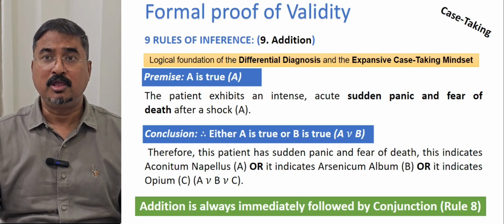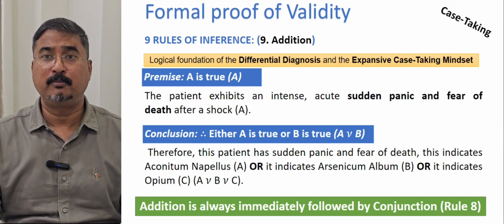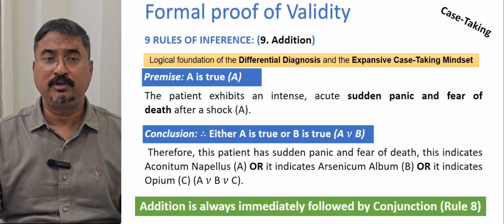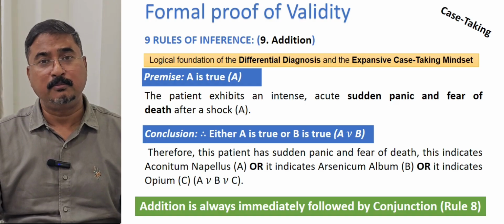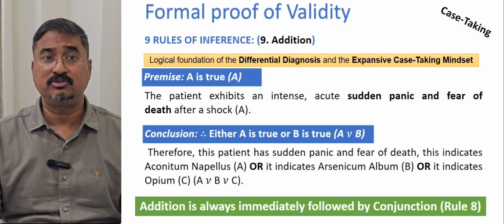The same symptom may also be found in other remedies such as Arsenicum album, which is characterized by fear of death accompanied by marked restlessness and anxiety, or Opium, where fear may be associated with shock, insensibility, or stupor. Therefore, instead of making an immediate prescription, the homeopath keeps all these remedies under consideration and asks additional questions.